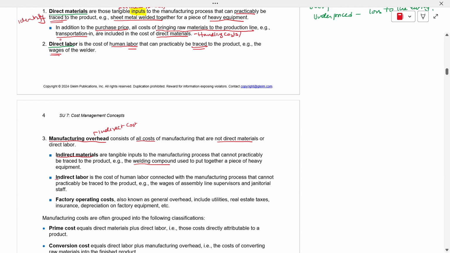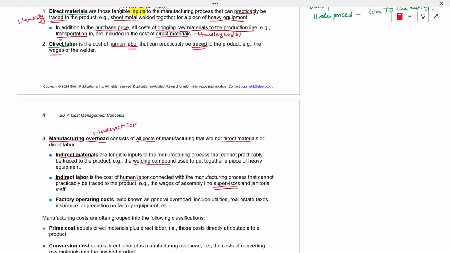In the same way, indirect labor. Indirect human labor mostly. You are hiring one person, but he is doing multiple tasks. Look at your supervisors. A supervisor is not supervising only one team.